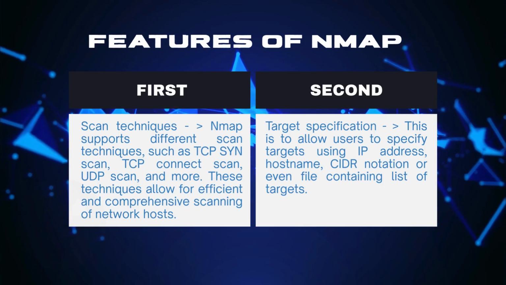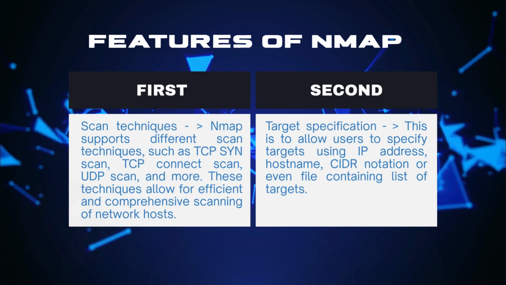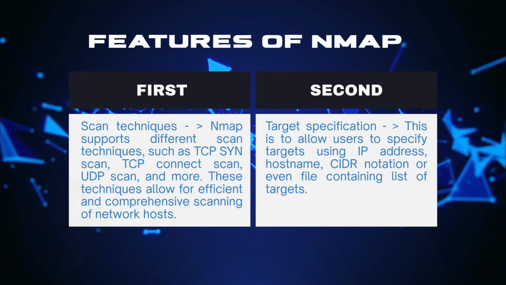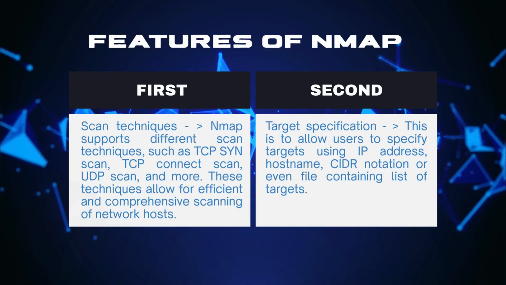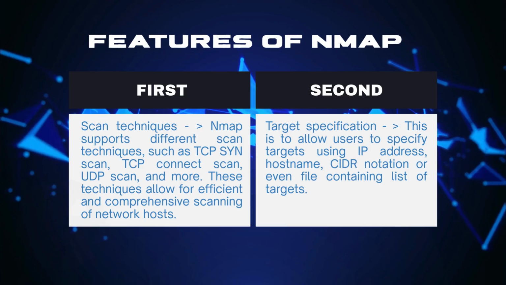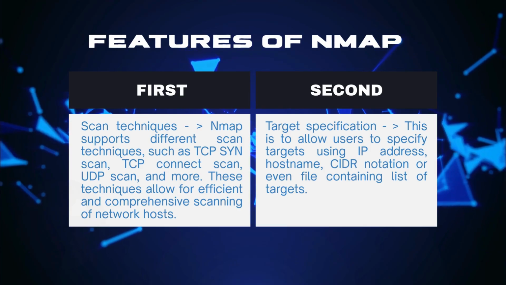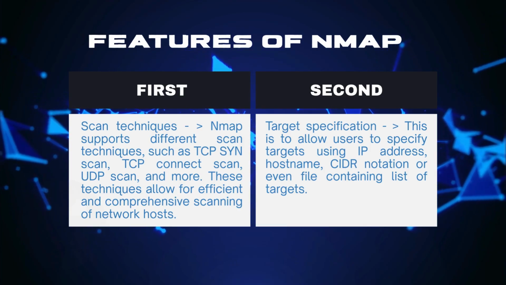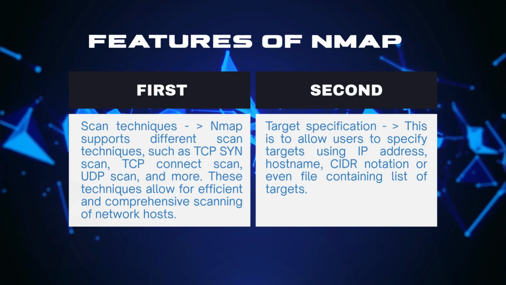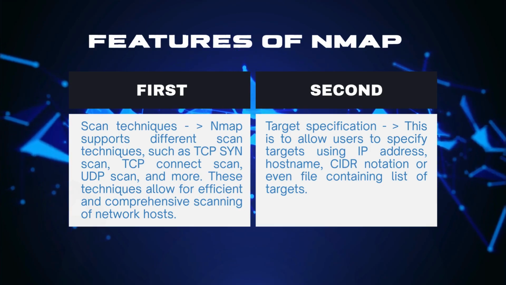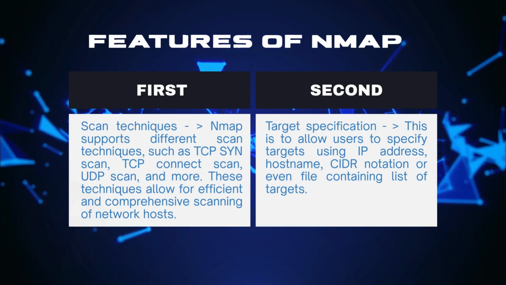Scan techniques is one of the most powerful features of Nmap. For example, TCP SYN scan is very common because it's fast and stealthy. It sends a SYN packet to a target and listens for a response without completing a full connection. Then, there's TCP connect scan, which fully establishes a TCP connection with a target.